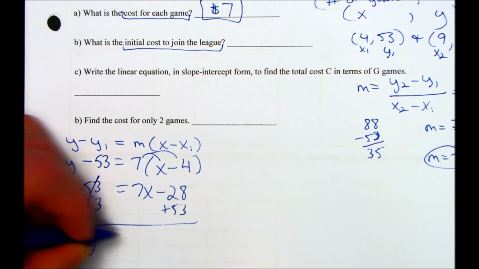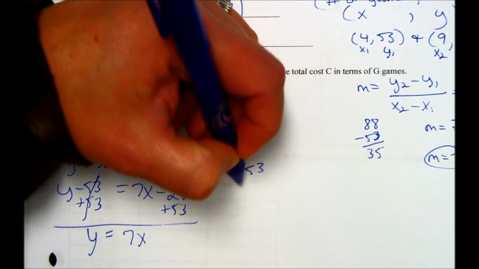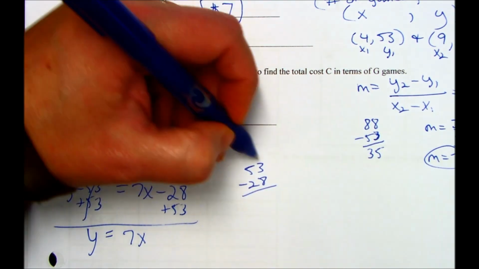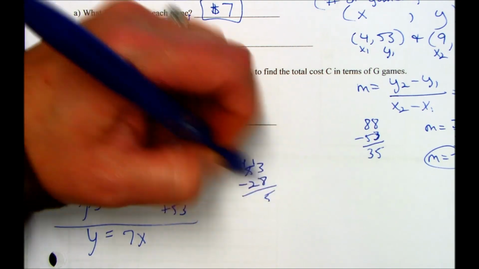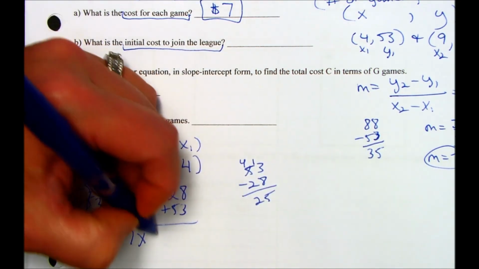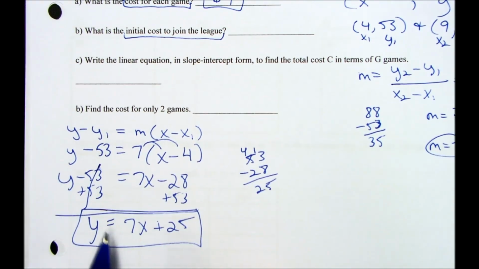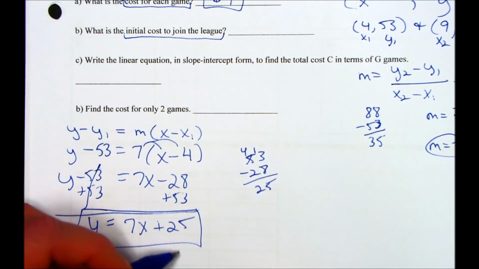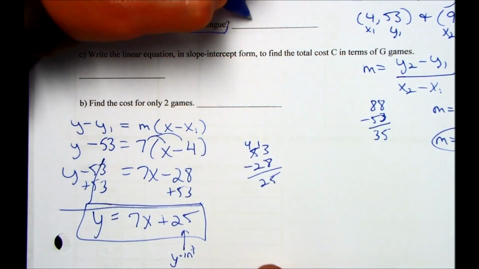So I get y equals 7x, and then I have to take 53 minus the 28. I have to borrow, and that will give me 25. So here's my equation. Y equals 7x plus 25, so my y-intercept, or my initial cost in this case, is $25.